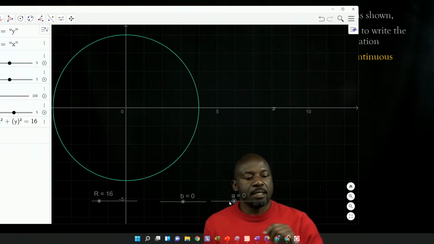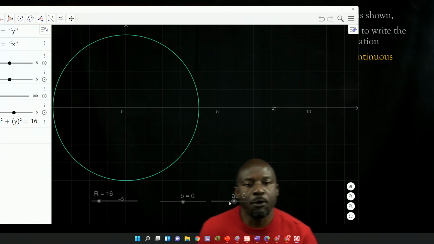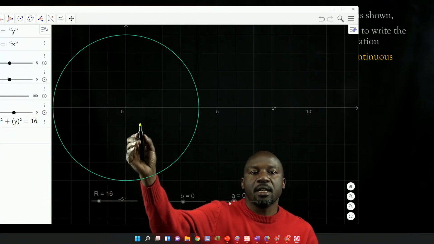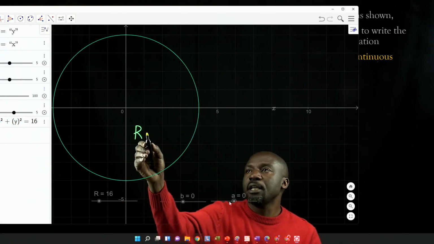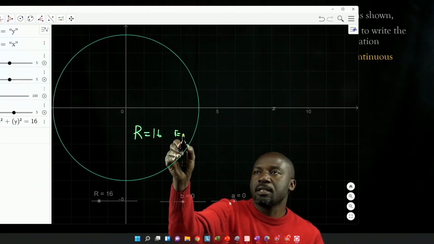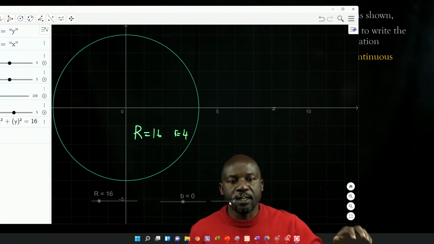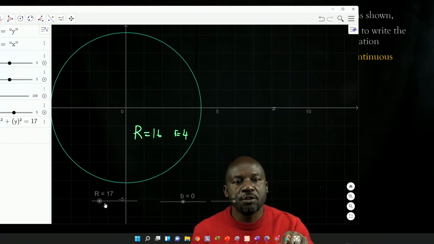All right. But r there is 16. Okay. What's the radius of the circle? If you check carefully, the radius is 4. Okay. So we are saying that when capital R here is 16, the radius of the circle is 4. Okay, what about if I increase r? Let's increase r. I've increased to 17.